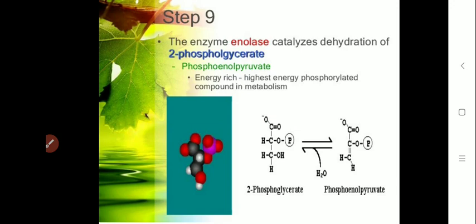In this process, high energy is generated, and the formation of phosphoenol pyruvate is carried out in the ninth step from 2 phosphoglycerate.